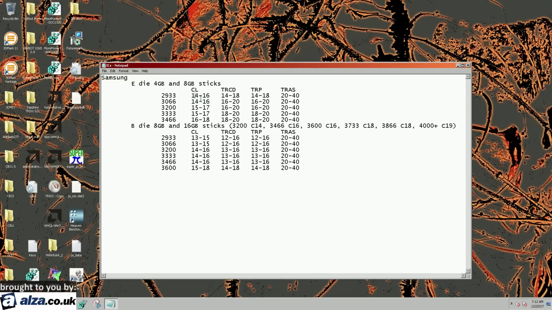So the general rule for E-die is that you'll find it on 4 gigabyte and 8 gigabyte sticks because it's a 4 gigabit IC, which Typhoon Burner told us. A 4 gigabyte stick has 8 chips on one side. That's 4 gigabytes because 8 times 4 gigabits is 4 gigabytes.